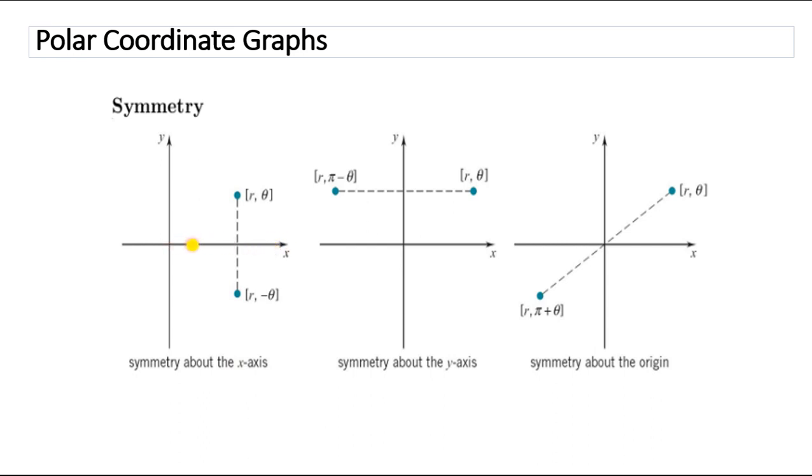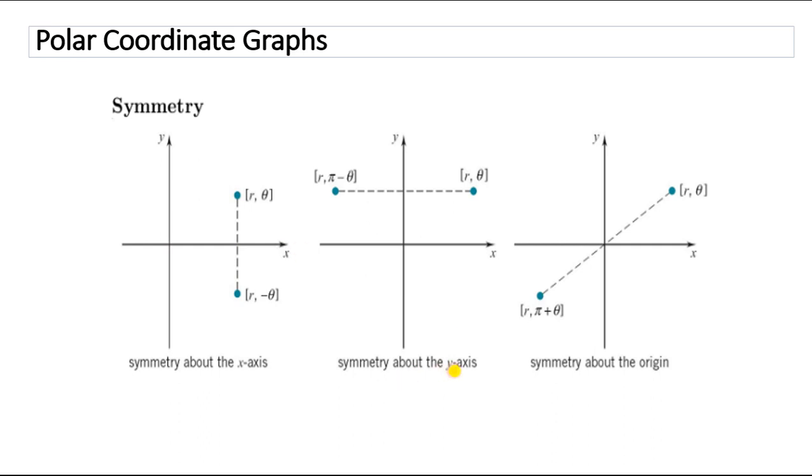The graph is symmetric about the x-axis if the graph has the point r theta, then you should have this point too. This is symmetric about the polar axis.